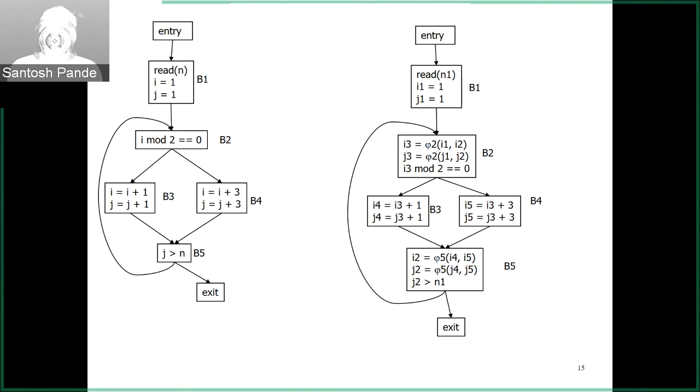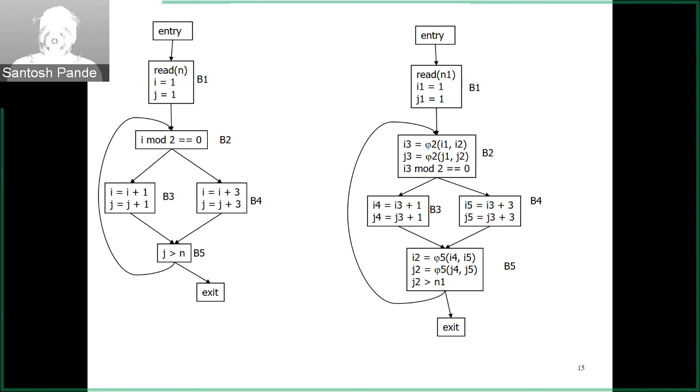We are going on the left side. From I3, we are synthesizing I4, then J4, and similarly I5, J5, and then we have a phi function at the bottom, joining I4, I5, and J4, J5, and then J's condition, and that's basically how the SSA looks, which should be straightforward to understand.